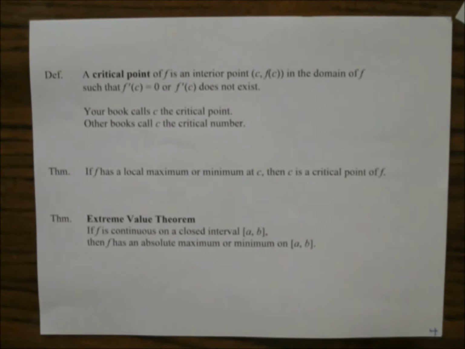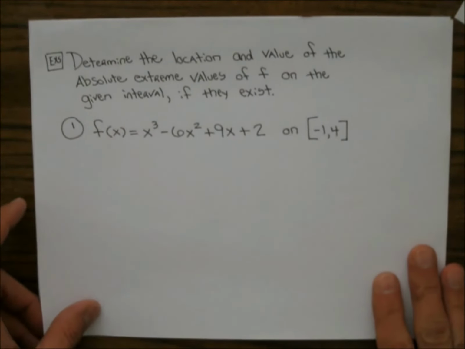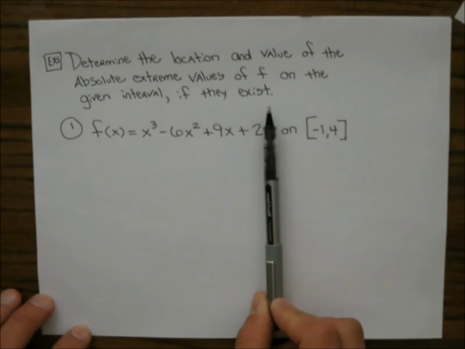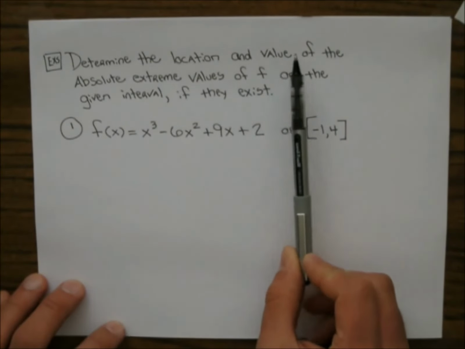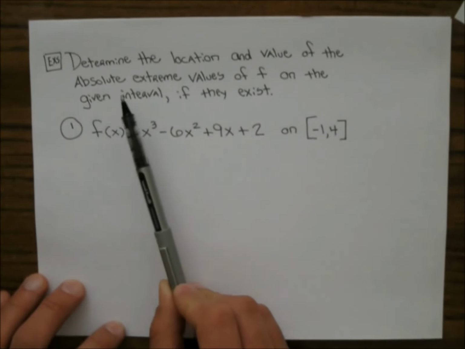Okay, so let's go ahead and use the extreme value theorem to do these problems here. Problems you'll see that are like your homework problems would be: determine the location and value of the absolute extreme values of f on the given interval, if they exist. So if I were writing the book, I would just say determine the location and value of the absolute extrema.